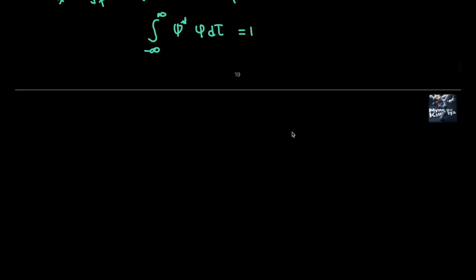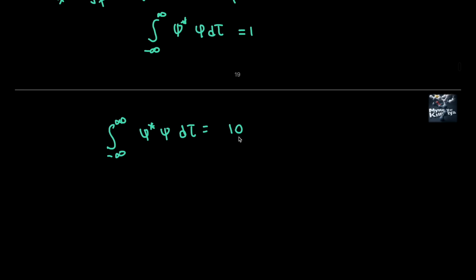For example, let's suppose I have a psi, and the value comes out like this: psi star into psi d tau is equal to 10. It can be 10, but our wave function has to show a probability of 1. It cannot be 10, right?